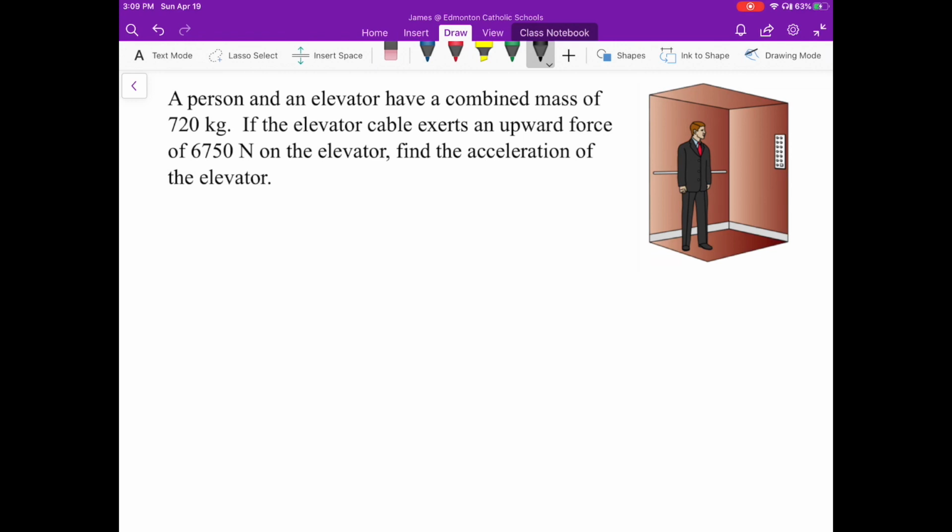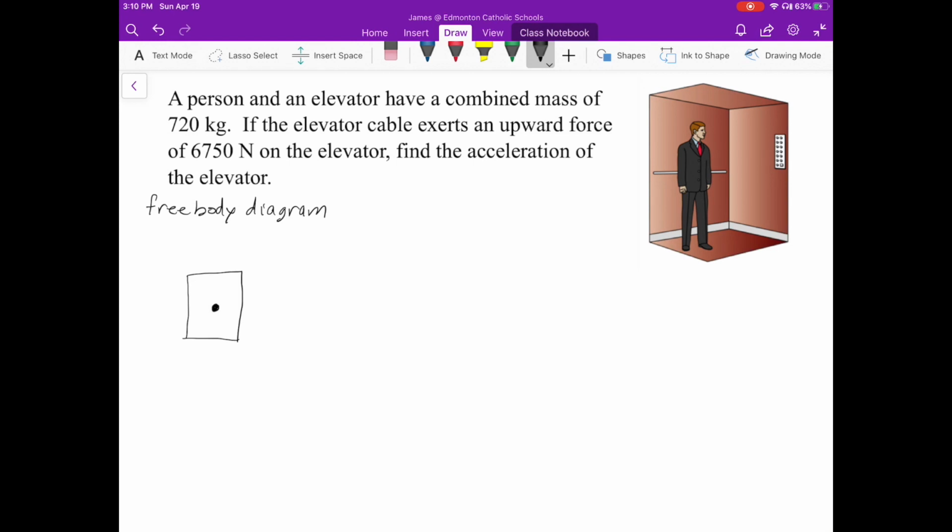Okay, so here we've got two forces acting on the elevator, one pulling up, one pulling down. What we're going to do is draw a free body diagram of the elevator. That shows the forces acting on the elevator as vector arrows coming from a dot in the middle, so it allows us to keep track of multiple forces.